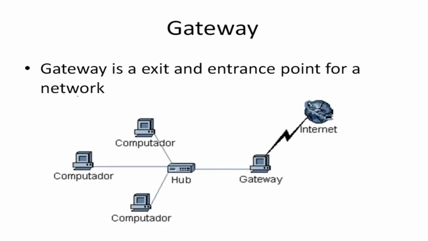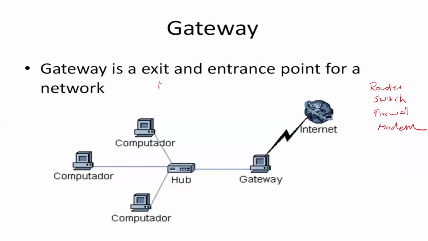So a gateway is an exit and entrance point for a network. See, a gateway can be a router, it can be a switch, it can be a firewall, or it can be a modem. See, a gateway can be anything. Suppose consider a home network.